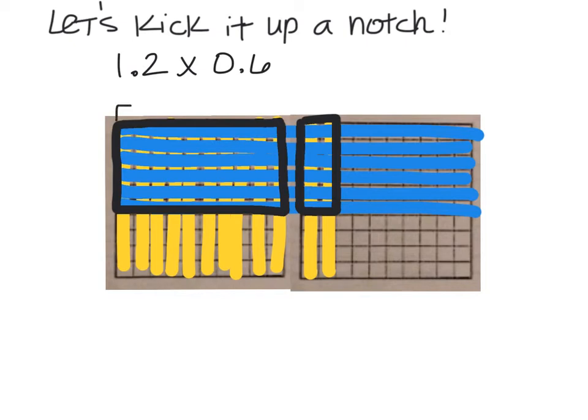So right here you have 10, and then 2, and then here you have 6. So your area here in the middle is going to be a 10 by 6, which is 60.